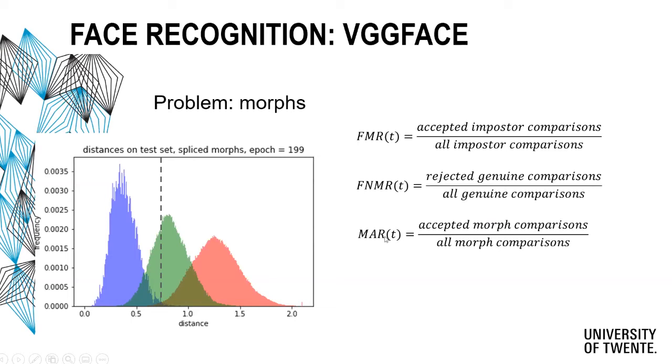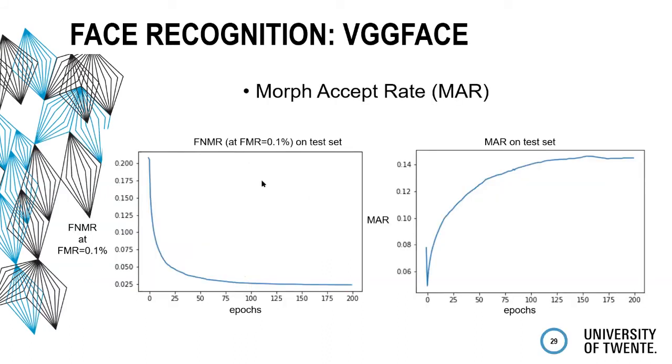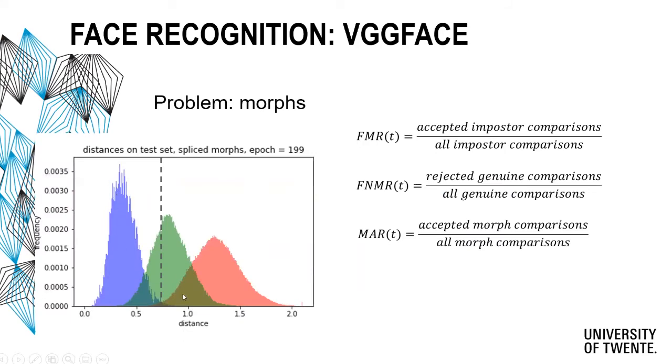So that is a new metric to describe how well a face recognition system can work with, or how robust a face recognition system is to, morphing attacks. So what you see when you train a face recognition network, this is the same plot I showed before, is that during training, the false non-match rate at a fixed false match rate drops significantly, which is good because it means that the distribution of genuine scores, or genuine distances, is very separate from the distribution of imposter distances.